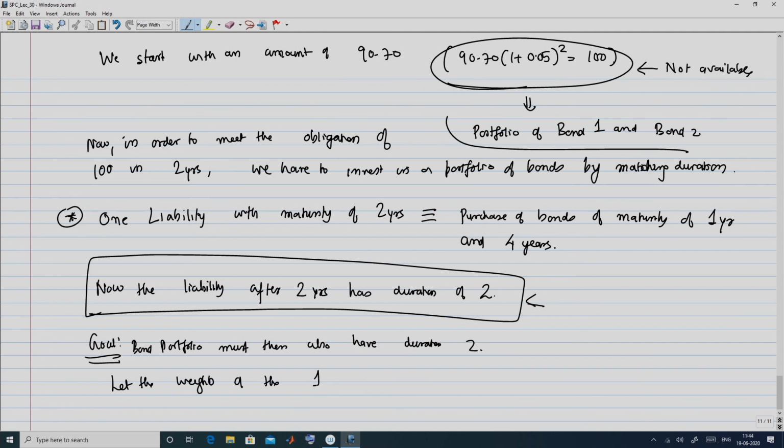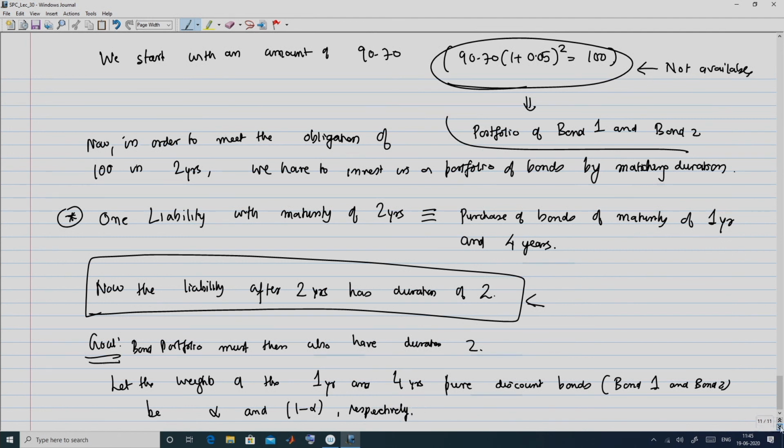So, let the weights of the 1 year and 4 years pure discount bonds, that is the ones identified as bond 1 and bond 2, be alpha and 1 minus alpha respectively.